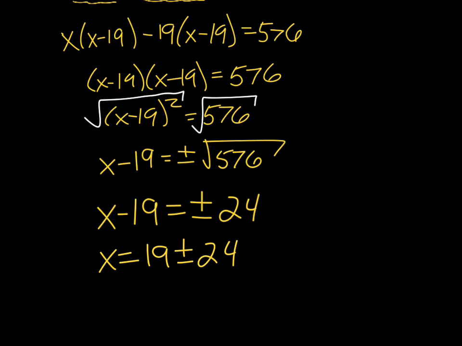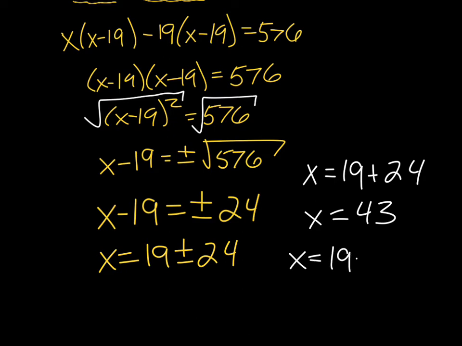That's a legitimate answer, but we want to simplify it as much as we can. So then we're going to say that x equals 19 plus 24. So that would be 43. And x equals 19 minus 24.